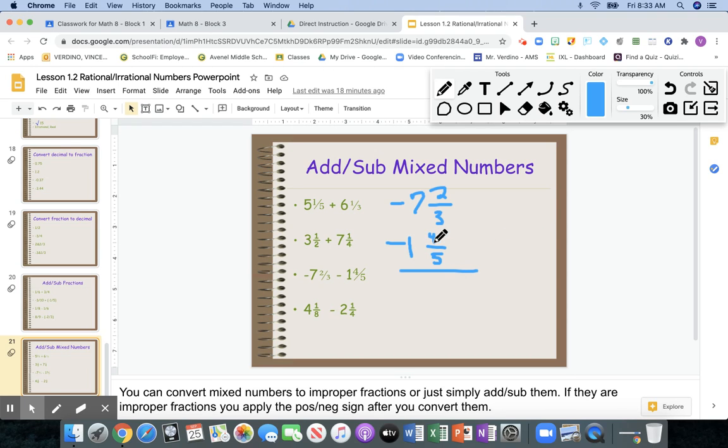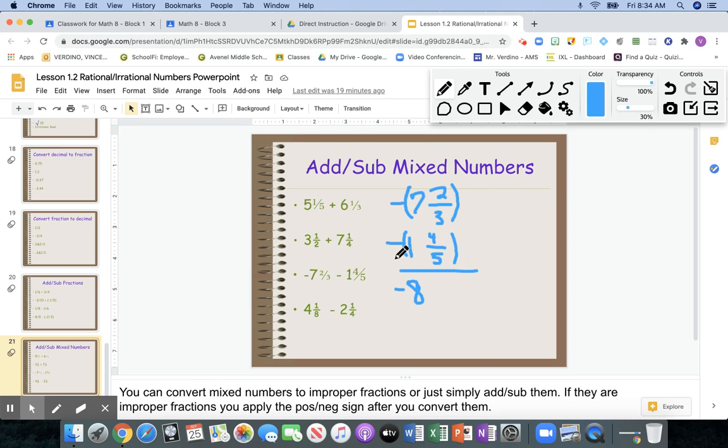If I'm stacking these, remember I have to follow my rules here. So -7 minus 1 is going to give me, if I do keep, change, keep the -7, change the subtraction to addition, and change this positive to negative. So I'm going to have a -8 on the left-hand side. Now, when you're dealing with negative signs and with mixed numbers, the negative sign is kind of like a distributive problem.